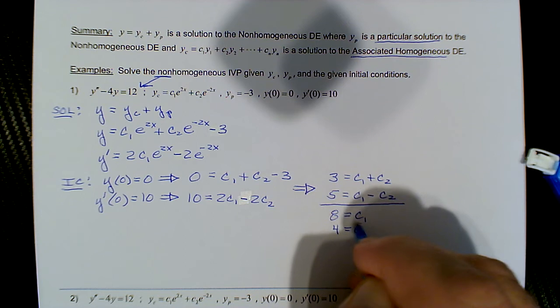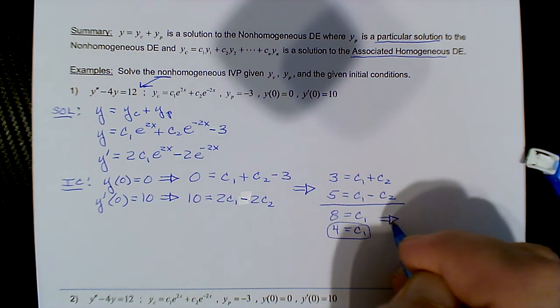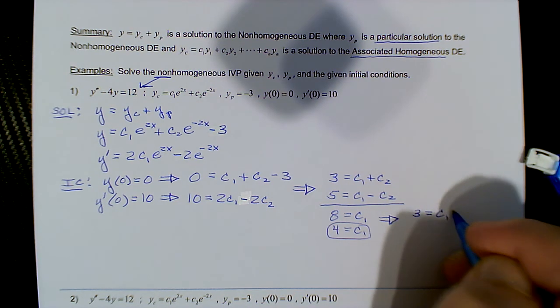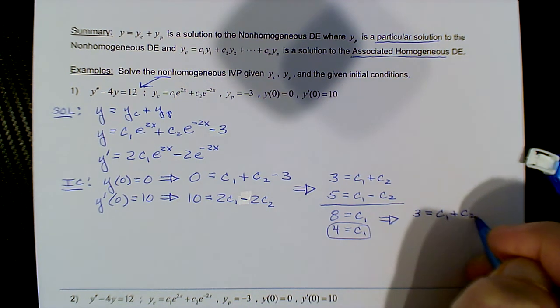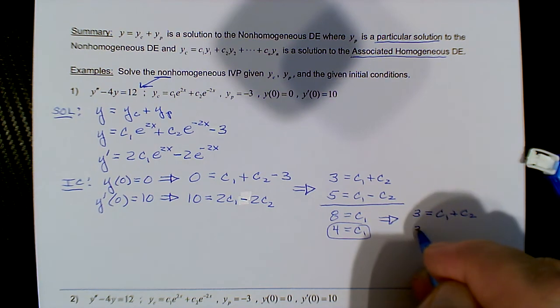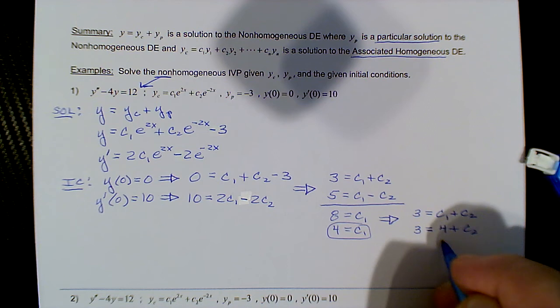And then if we back substitute, you could use either one of the two equations. I'll use this equation, 3 equals c1 plus c2, so 3 equals 4 plus c2, and c2 is negative 1.